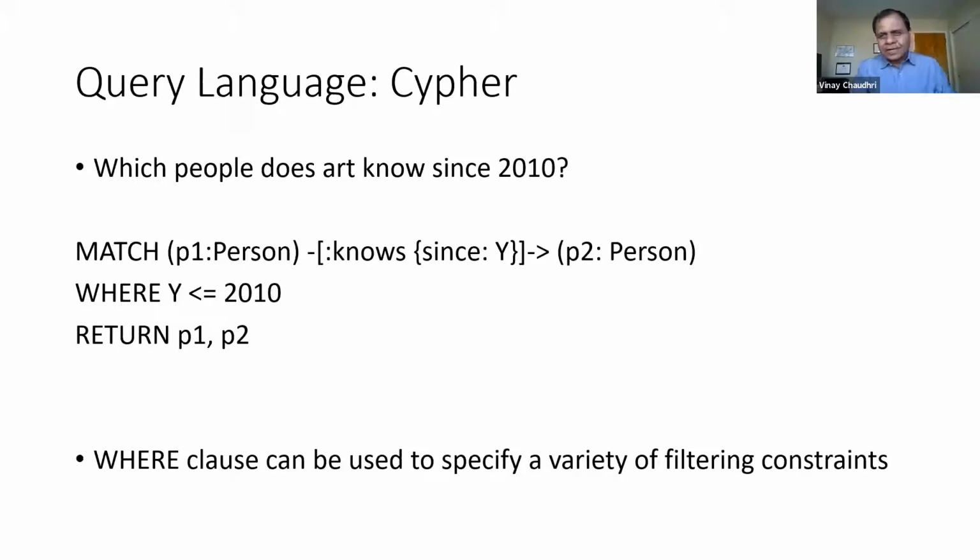Just like in SPARQL, where we had the filter constraints, here again we can introduce filter constraints by introducing variables which would match either numbers or strings, and then we can put constraints in the where clause.